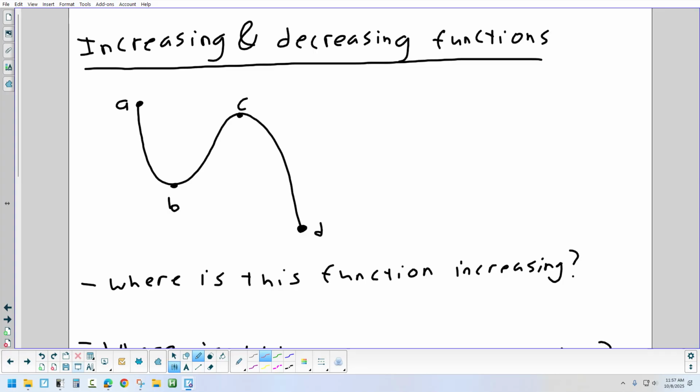So let's look at this one. Where is that graph increasing? We don't have actual numbers. We just have letters, but that's fine. You would get these by doing the minimums and maximums. Yep.